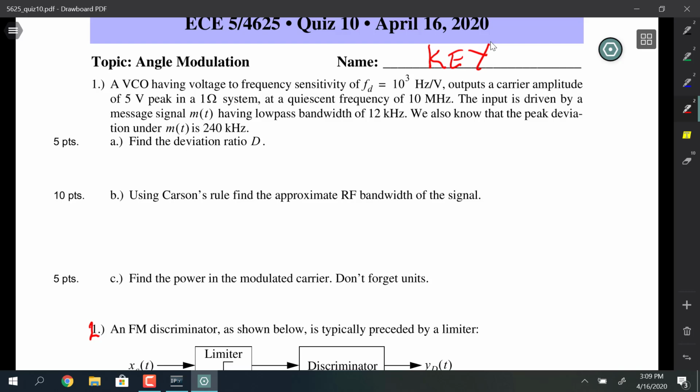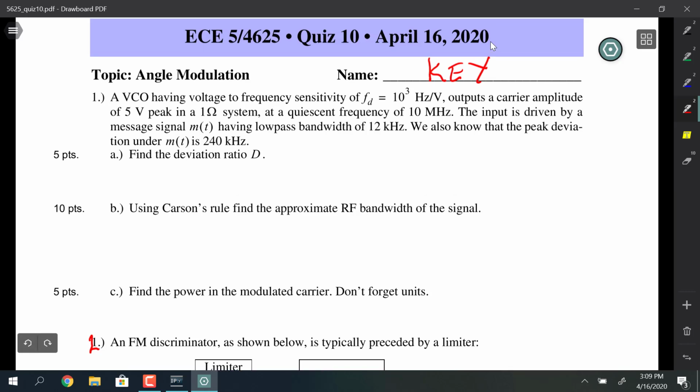So this is not sinusoidal frequency modulation. This is just general frequency modulation. So that means we have to use Carson's rule. But as a starting point, we need to get D, and I guess I'll change to a different color. Can you remember what the definition of D is?